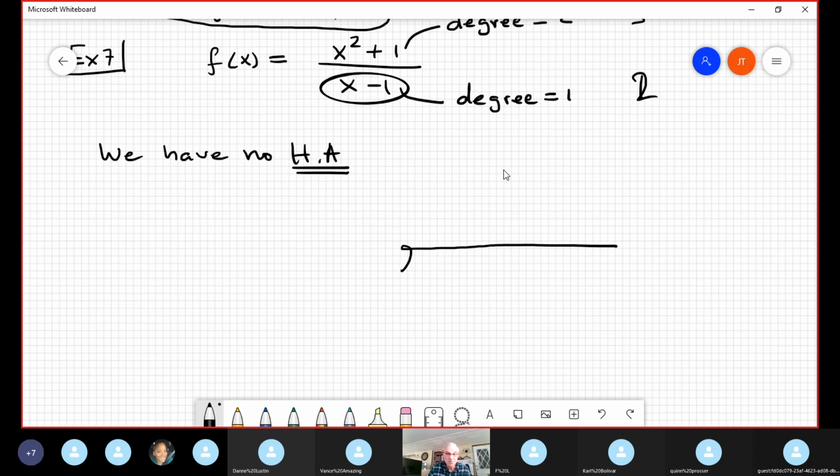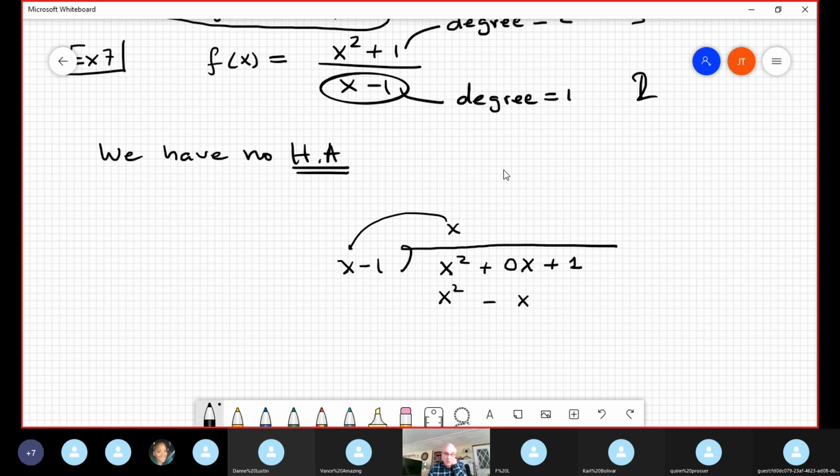You copy inside the box the polynomial on the top. Don't forget x squared plus 0x plus 1. Don't forget to complete it. See, one element is missing inside the polynomial: degree 2, degree 1, degree 0. And outside the box, x minus 1. And we start. It's obvious that x times x is x squared, and x times negative 1 is negative x.